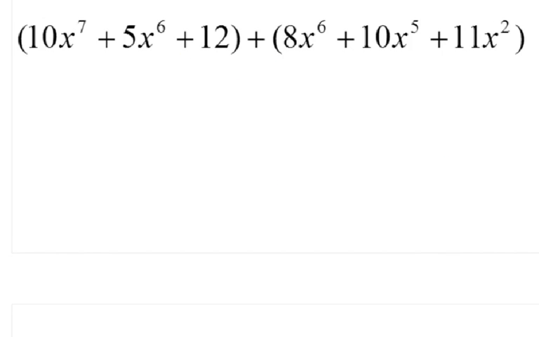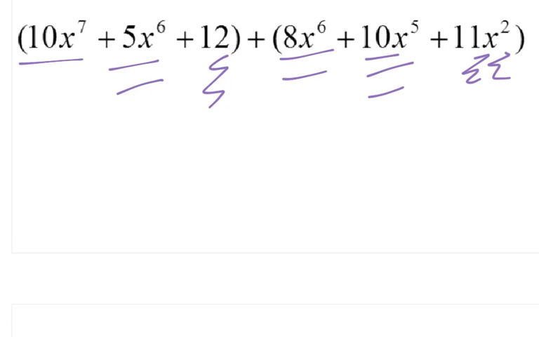Same thing here. X to the 7th does not have anything it matches up with. X to the 6th goes together. 12 doesn't have anything. X to the 5th doesn't have anything, and x squared doesn't either. So you're going to just bring a lot of this stuff down. We like to go from largest to smallest exponents.